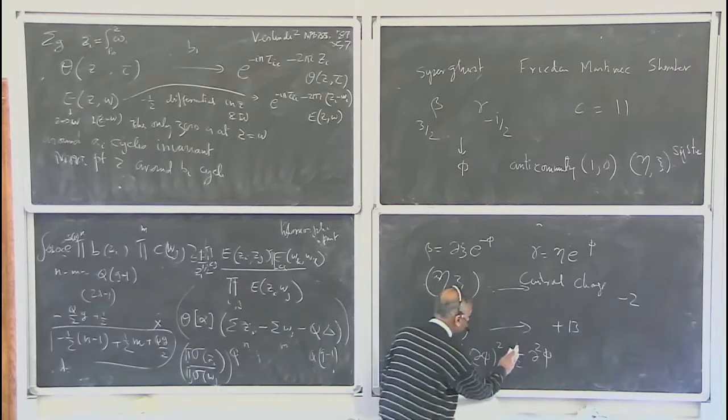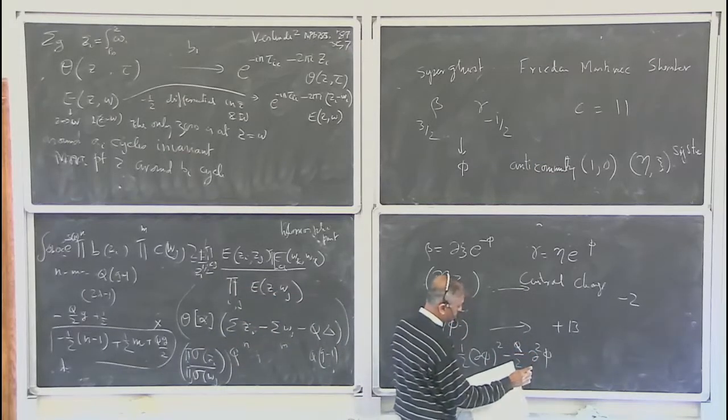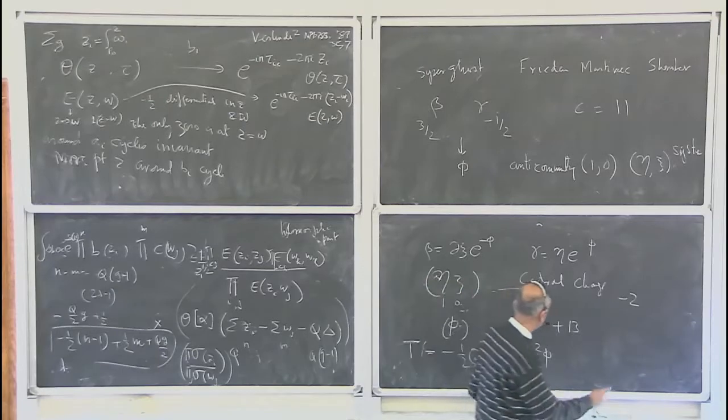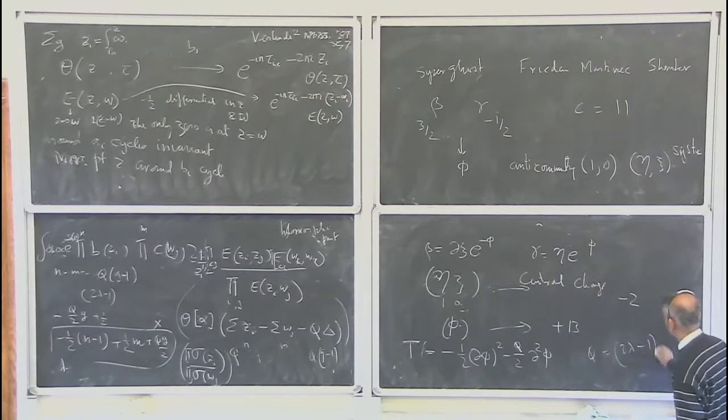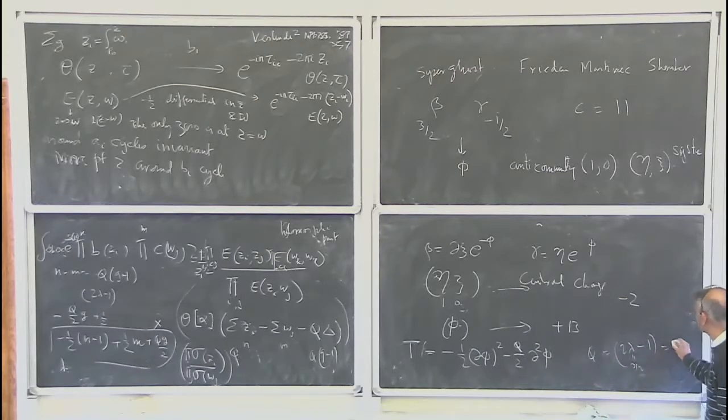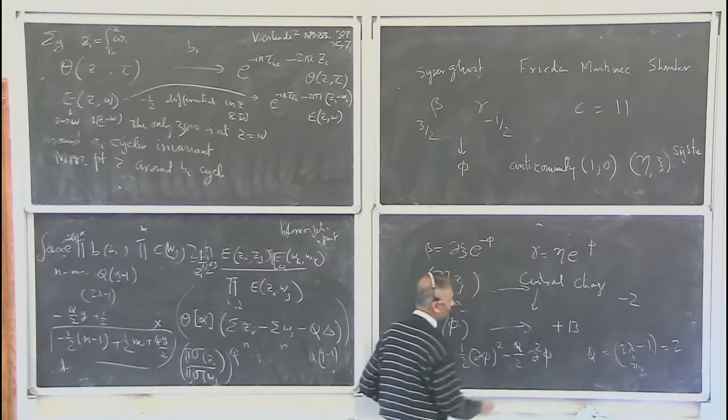Here Q is 2 lambda minus 1. So lambda is 3/2, so in this case Q is 2.